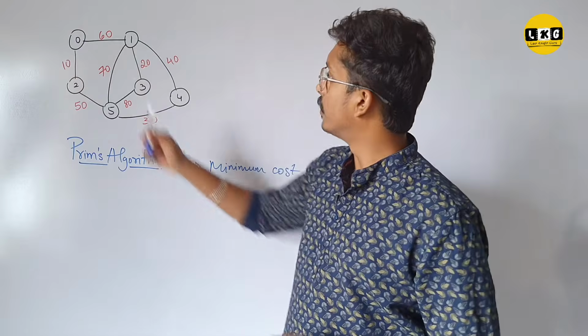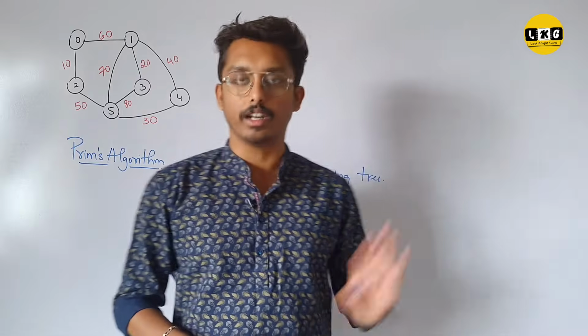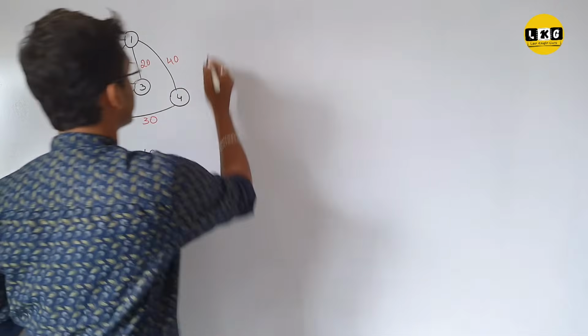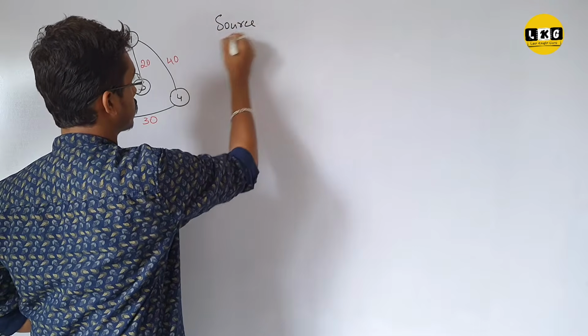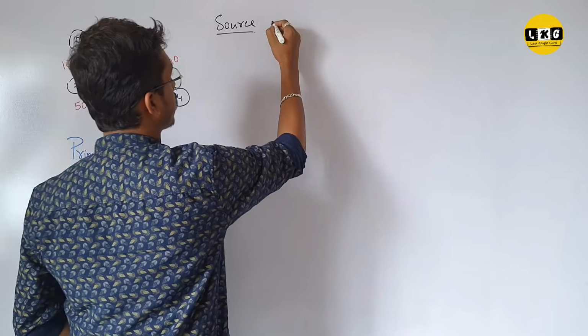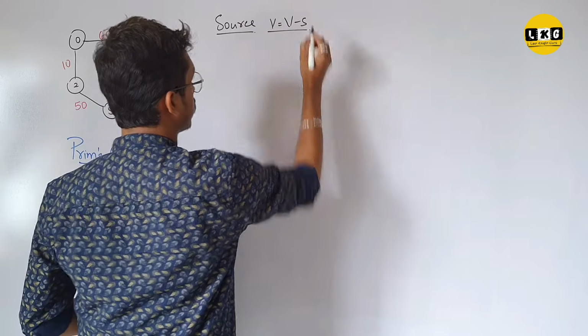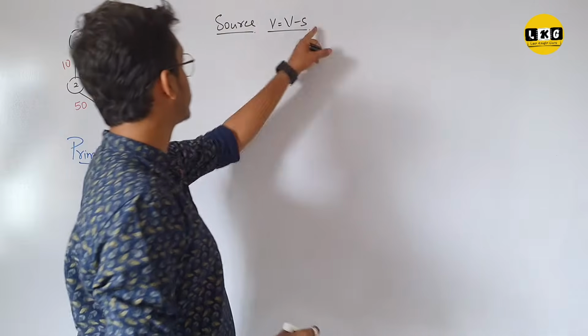We will try to solve Prim's algorithm using our formulas and tables. Let us start our table. The first column of our table is the source. The second column is V = V - S, where V is your vertex or node, and S is your source.